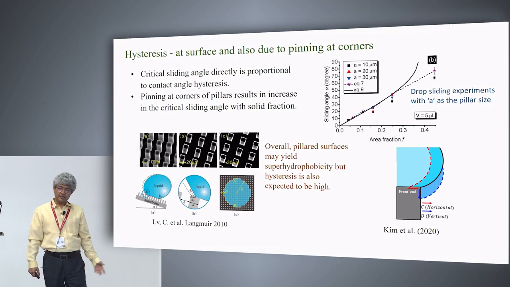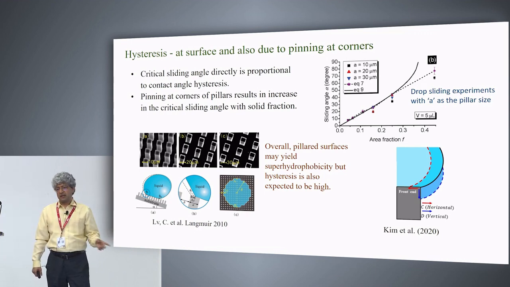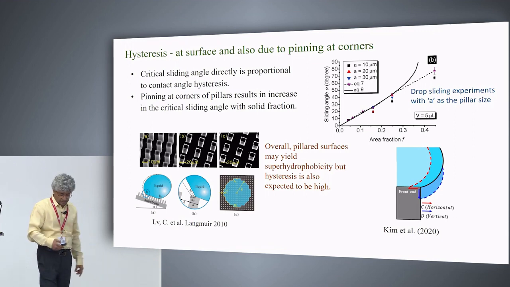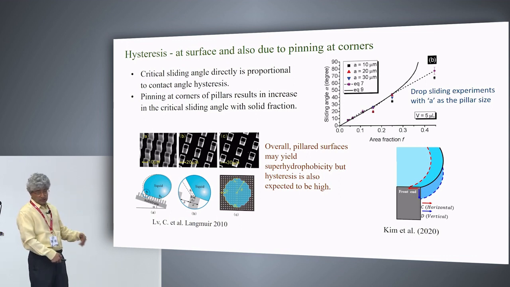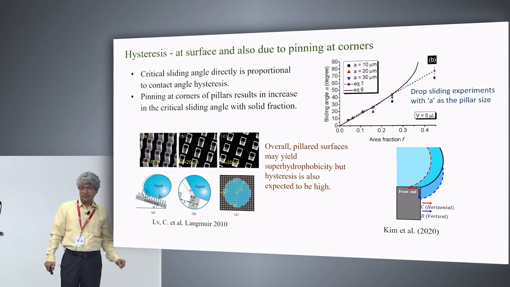So it's not necessary that superhydrophobicity will give rise to a higher level of water production. So this picture here shows why pinning will happen at the corner. So this contact line is moving on the substrate, and then it has to start moving on the side vertically downward, and at the corner the residence time is finite.